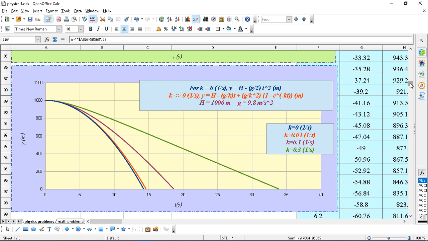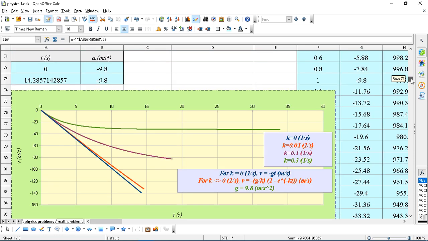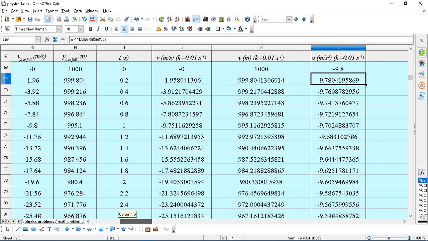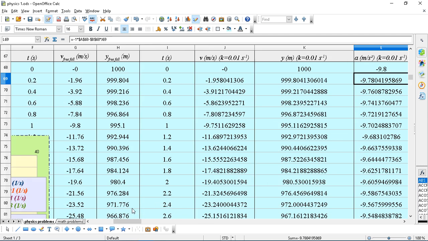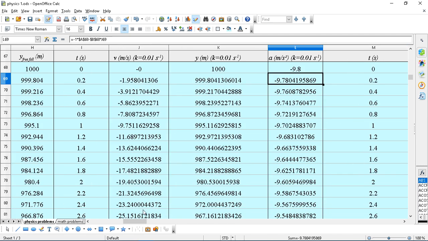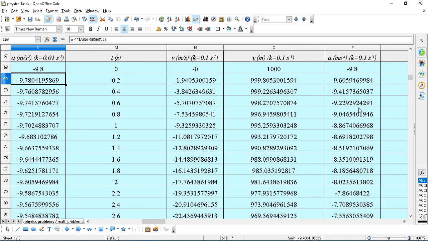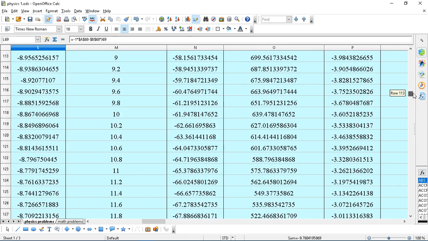Now, if we increase the value of k to 0.1 over second, you can notice that here we have the values in the columns. You can notice that the values for the acceleration change a lot more.